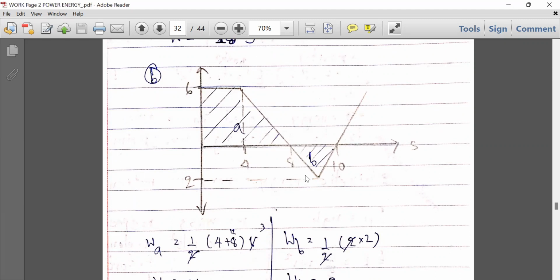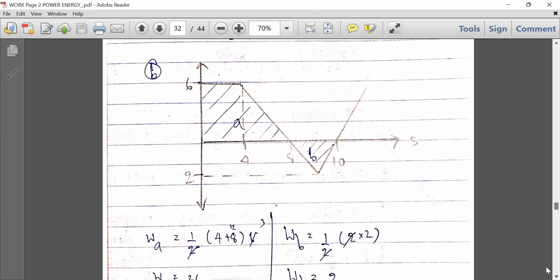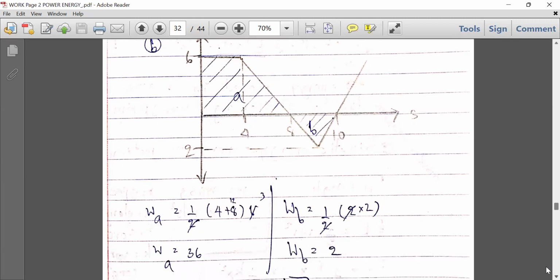So how are we going to get the total work done here? We are given this graph. Work done by force A is equal to 1/2 base 1 plus base 2 times the height. That gives you 36 joules. And the work done by force B is 1/2 base times height, because this one is a triangle.